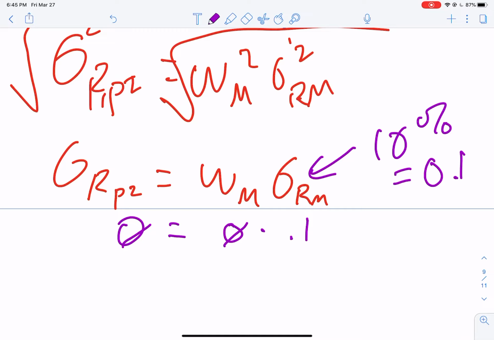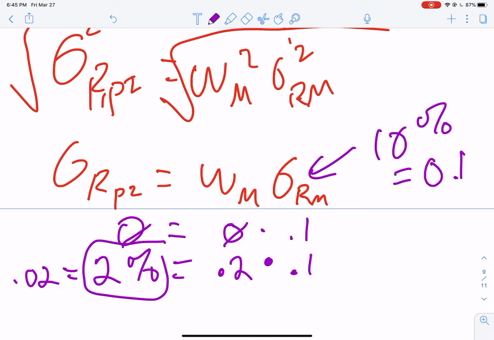If I have 20% in that, then it's going to be 20% times 0.1, which of course is 0.02, and therefore 2%, will be the standard deviation of the portfolio's return. Portfolio, again, comprised of M and R, the risk-free asset.